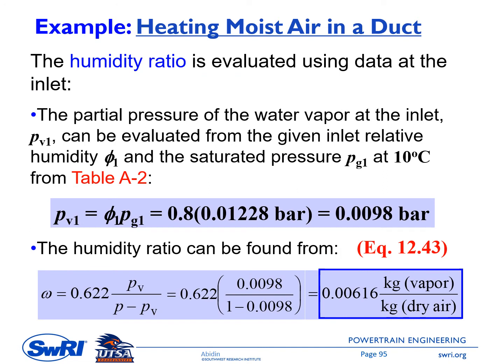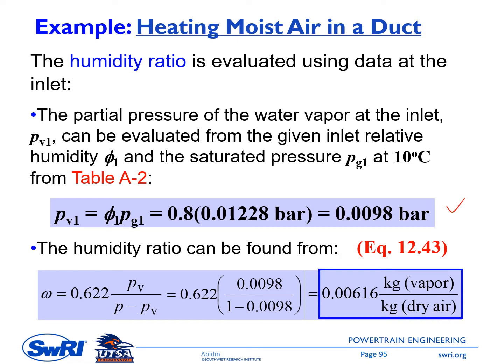The relative humidity is given there. So phi1 is given, and then the saturation pressure p_g1 at 10 degrees C can be obtained from table A2. By knowing phi1 and p_g1, we can calculate p_v1. Here is p_v1, 0.0098 bar.